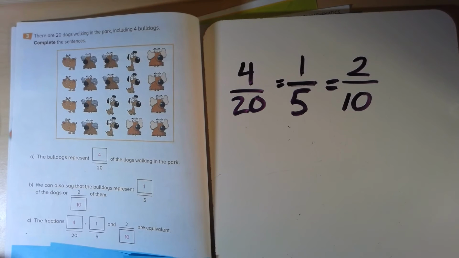Now, some of you are wondering, how in the world does 4/20 equal 1/5, which also equals 2/10? None of that makes sense to me. Let me explain why that works, okay? You don't really need this, but I think it's important you understand why it works, okay?